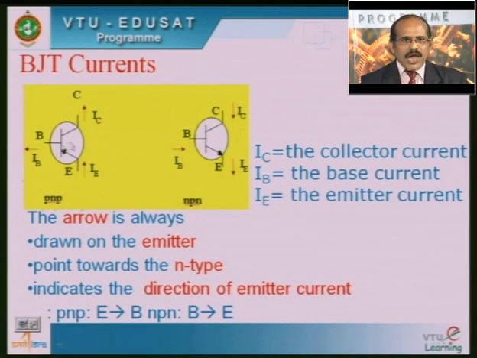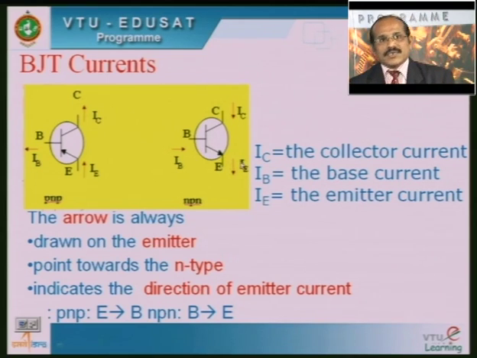Please note that the arrow is always drawn on the emitter. So in the PNP transistor the arrow exists here, therefore this is called the emitter. Similarly, you can see an arrow once again on this terminal, so simply by looking at the arrow, you can say that this is an emitter.